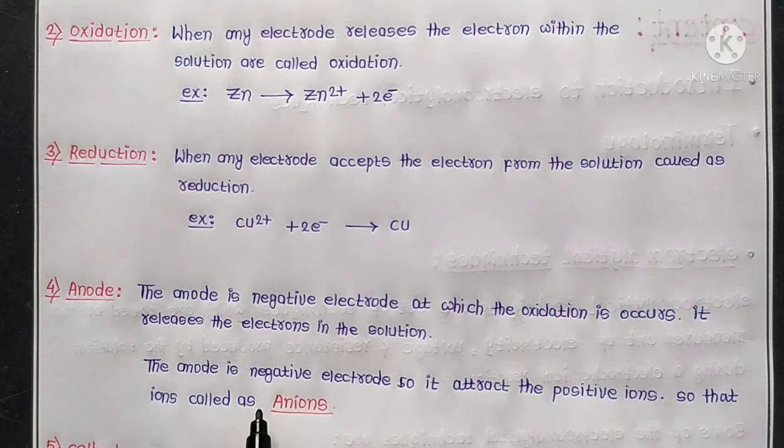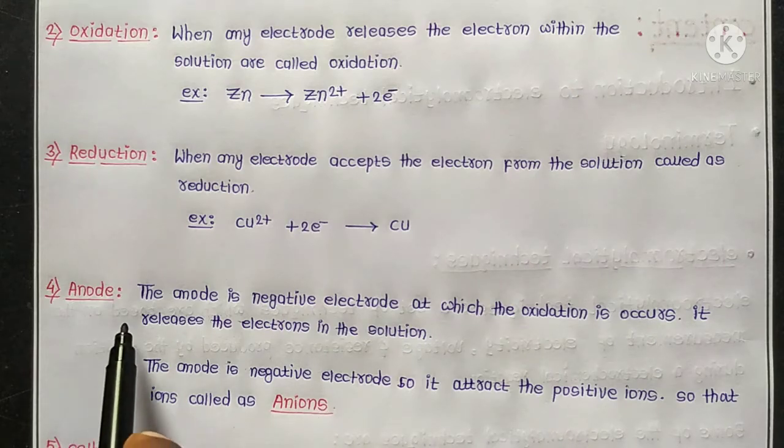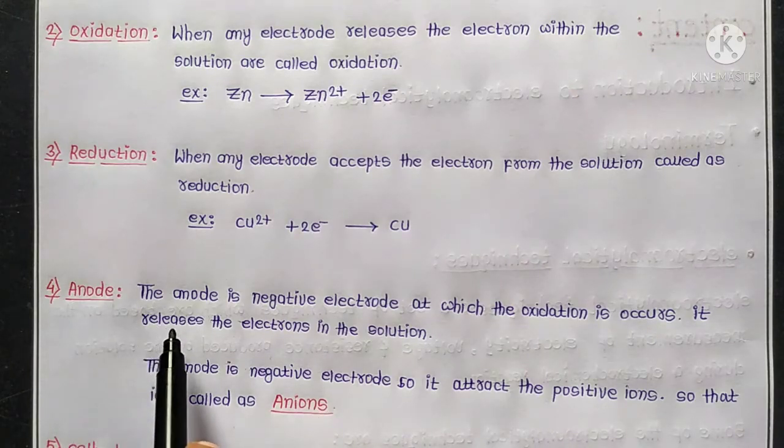Now the anode is a negative electrode, so it attracts the positive ion, and that ion we call an anion. So don't confuse it. The anode is the negative electrode, and the opposite of that, the anion, is the positively charged ion.